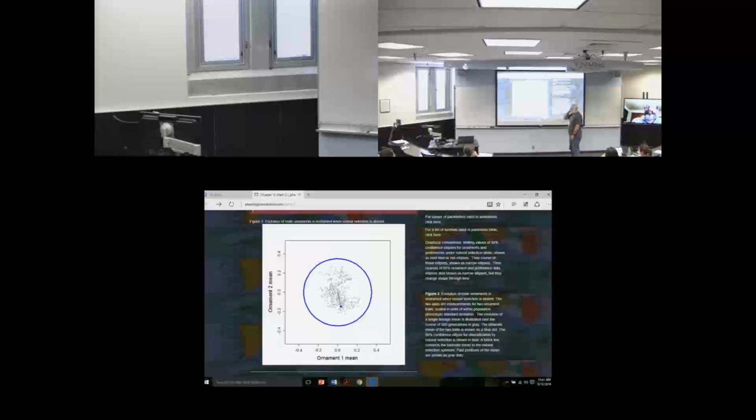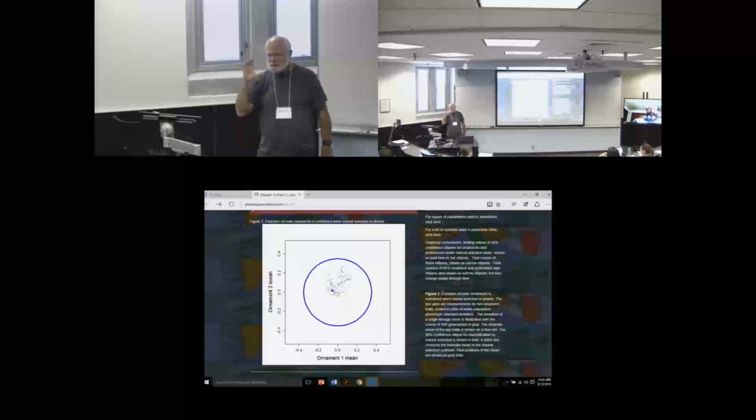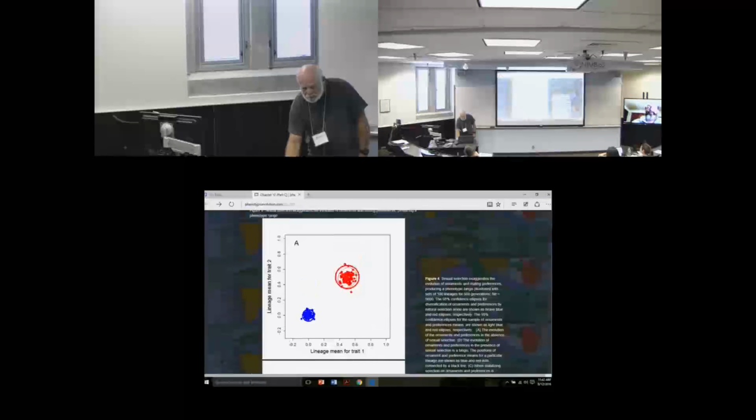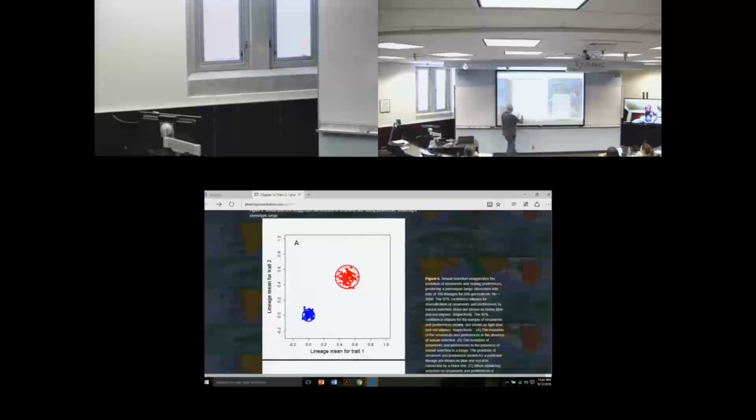Now if you watch the start, let me just take a minute, that line was showing you the approach to the equilibrium when you start replicate means at the center, right at the optimum. Whoop, and then bam, you reach that stable expectation very fast. All right, now let's do it with replicate populations. Down here in this corner, the optimum for the ornament is here. Here's the 95% expected distribution, and I'm showing 100 populations evolving under drift selection balance.